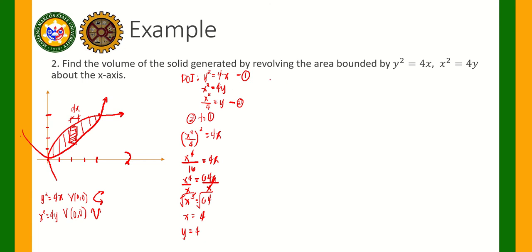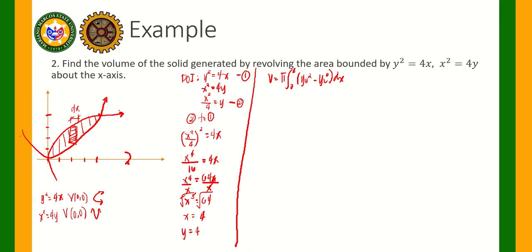Now, our formula will be V is equal to pi, since it is vertical, the integral of y upper squared minus y lower squared dx, limits from 0 to 4. Okay? So, what is our y upper?